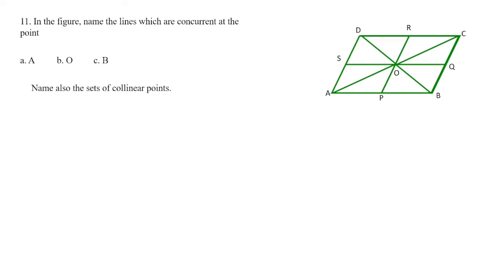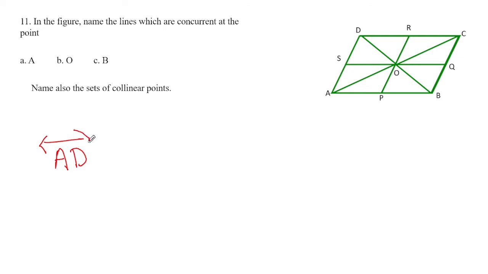Okay, so we have line AB. Then we have line AC and line AD. So we have line AB over here, right? AC over here and AD over here. Let's write it down.